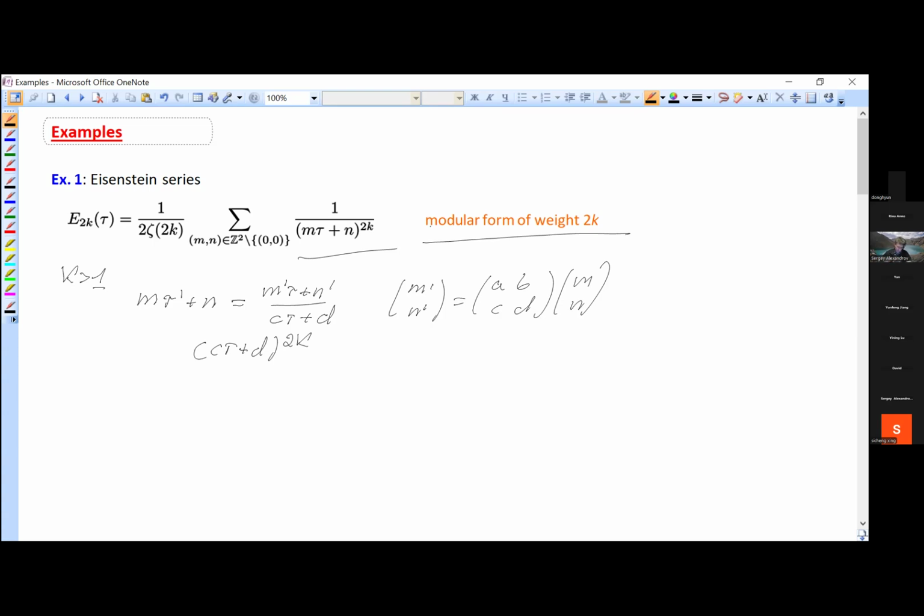So this is the standard example of a modular form. And in fact, these Eisenstein series essentially exhaust all possible modular forms because just two functions, E4 and E6, generate the full ring of modular forms.